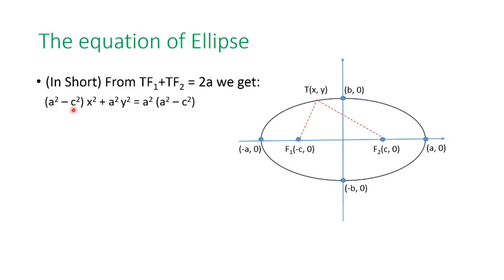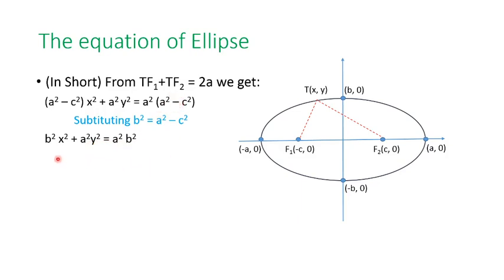You have (a squared minus c squared) times x squared plus a squared y squared equals a squared times (a squared minus c squared). For this a squared minus c squared, I will use b squared. I suppose a squared minus c squared is b squared. Then substituting, I will have b squared x squared plus a squared y squared equals a squared b squared.